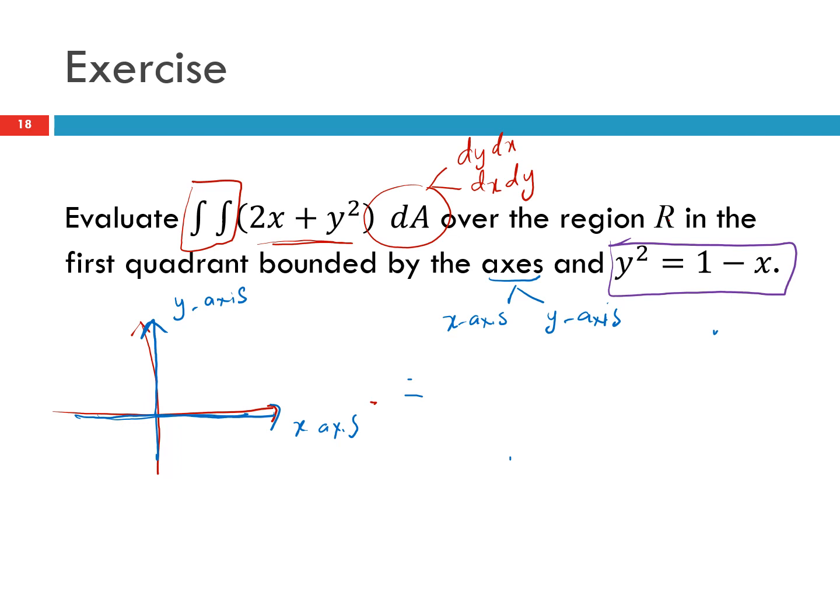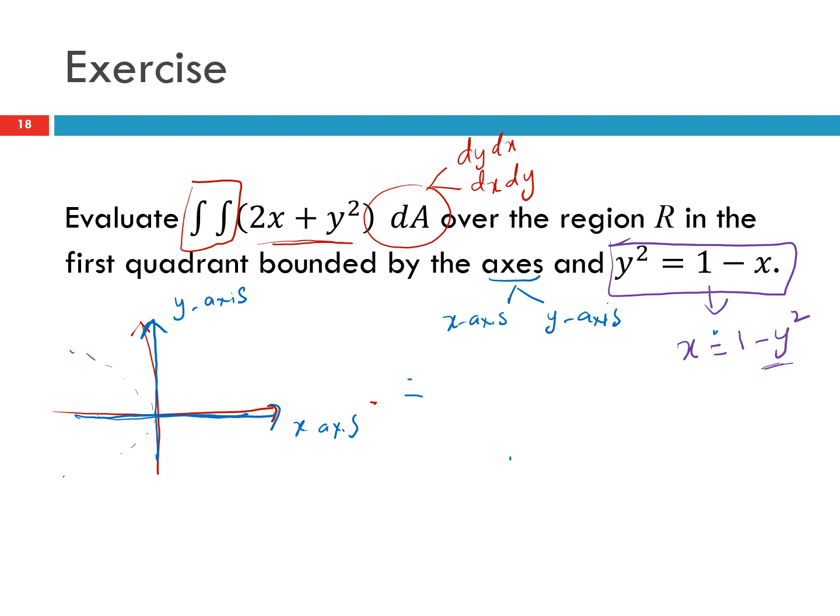So what does the graph of this equation look like? Maybe you can rearrange this one. This one becomes x equal to 1 minus y squared. So 1 minus y squared, we have a minus here, and this is y squared, so basically negative y squared, you will have somewhere like here.